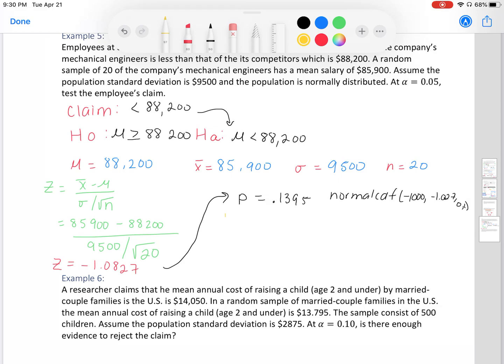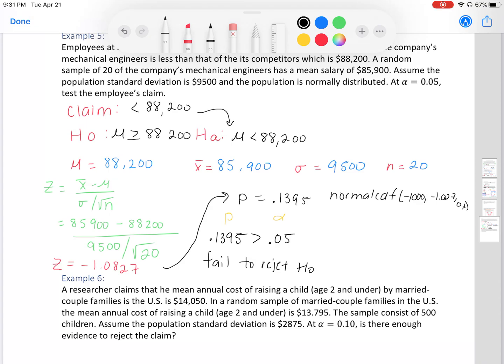And then we compare P and alpha. My P is 0.1395 and my alpha is 0.05. Which one's bigger? We get a greater than. A greater than means fail to reject. And that is our answer. We failed to reject our null hypothesis.